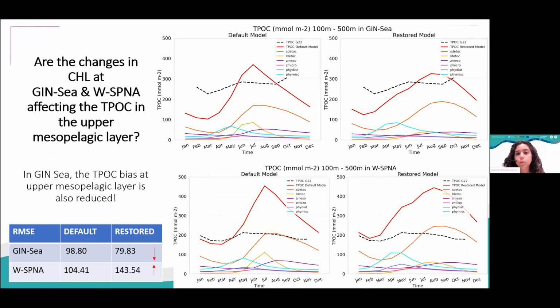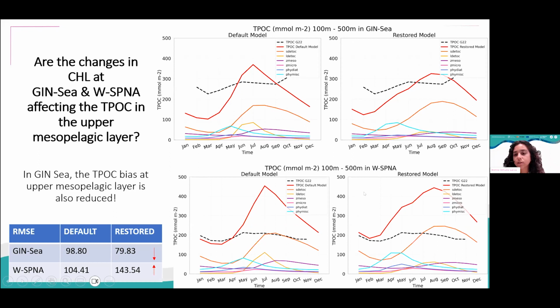But we can see, for example, that the red line, which is the total POC from our model, has a shape more similar to the one from the backscattering, so the G22. The other lines here are the components inside the total POC, so they are included in the red line.